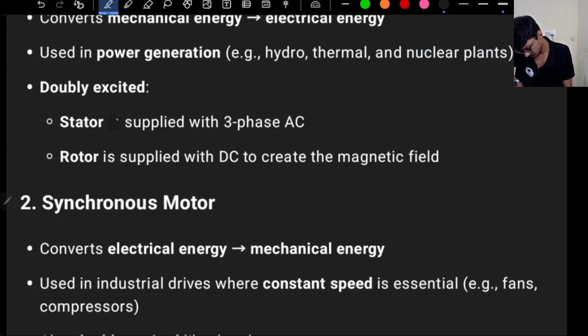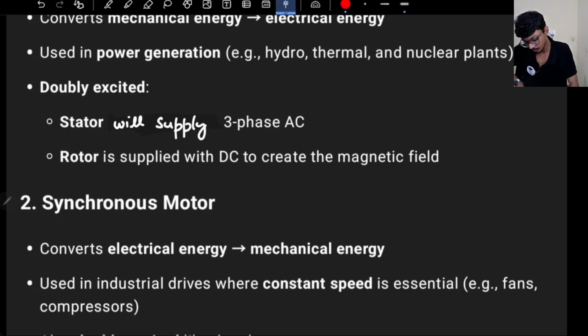The stator will supply three-phase AC because we are moving the rotor.